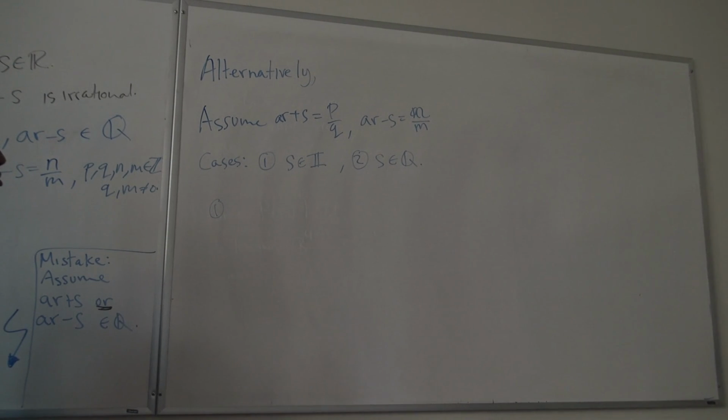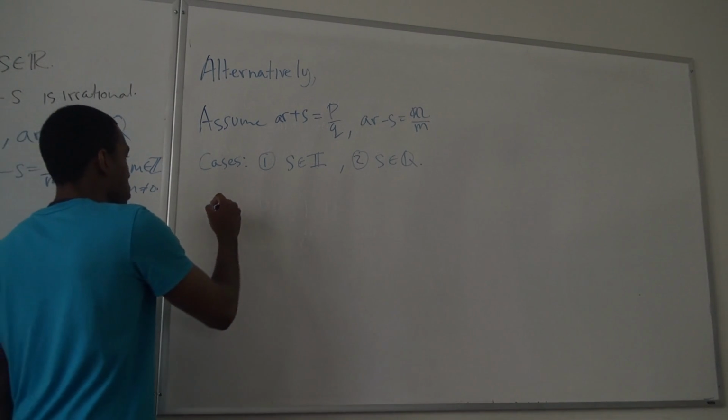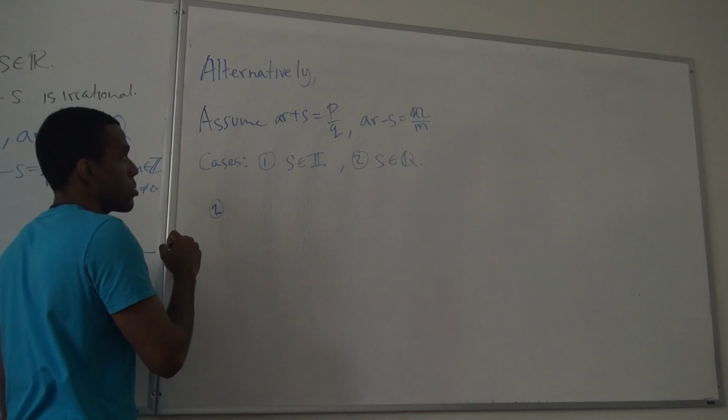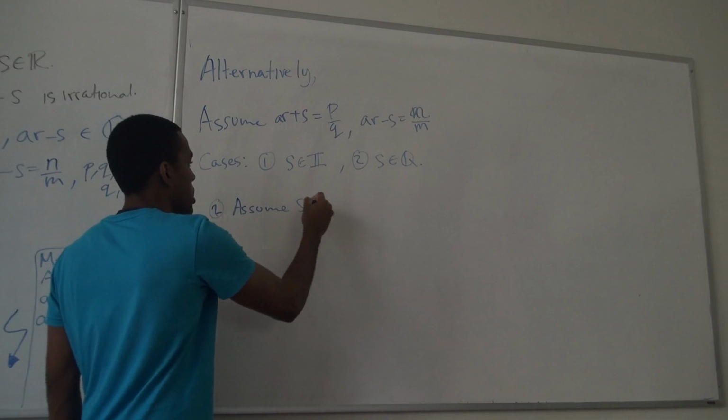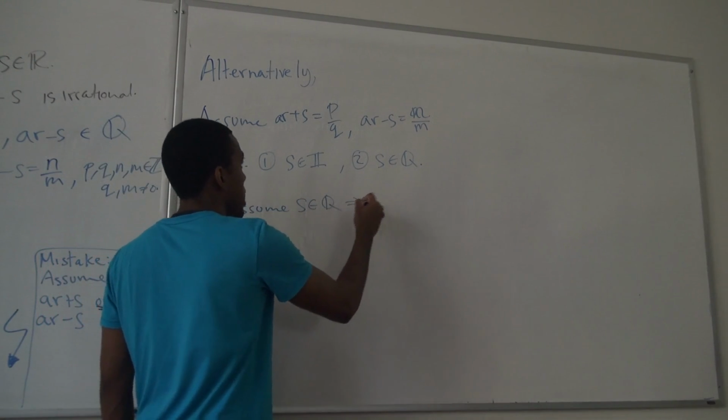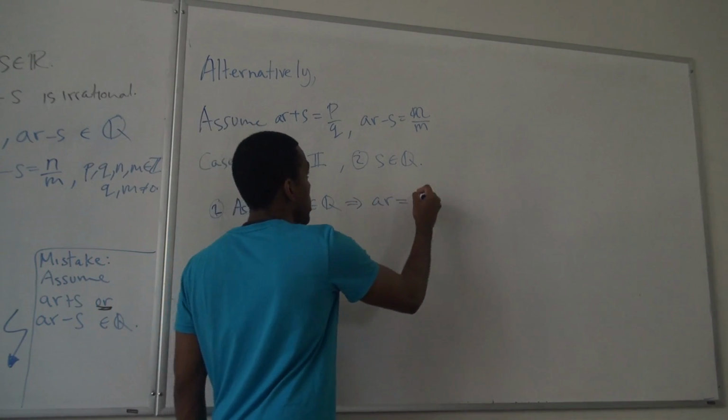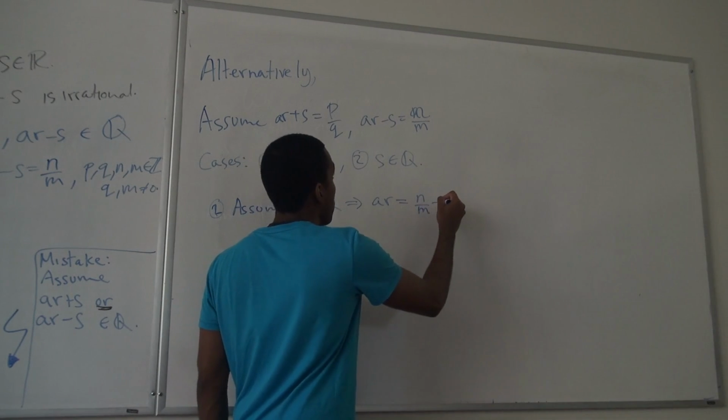Well, I guess the second case is pretty easy because then you just are adding and subtracting a rational number from a rational number. Right, so if you look at case 2, if you assume S is actually rational, then that means you can write AR as N over M.